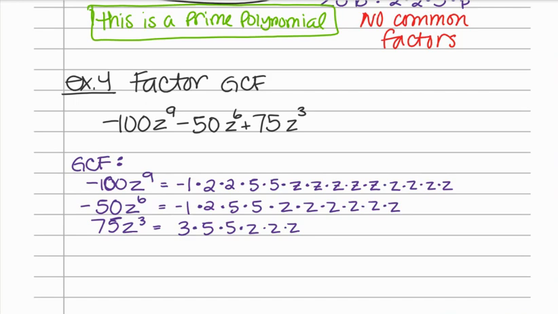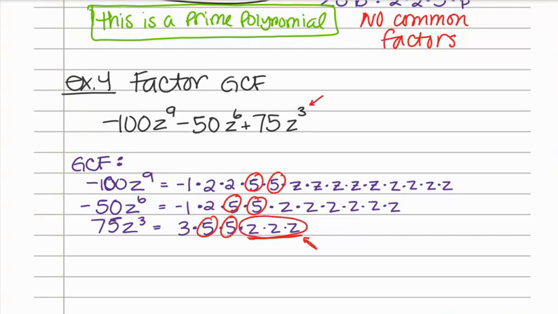Okay, so now if we go back through, we're going to find common factors between all 3. We're not looking at just 2 anymore. So I've got a 5 in each, I've got another 5 in each, and I'm going to go down to my lowest degree. It's 3 z's, right?